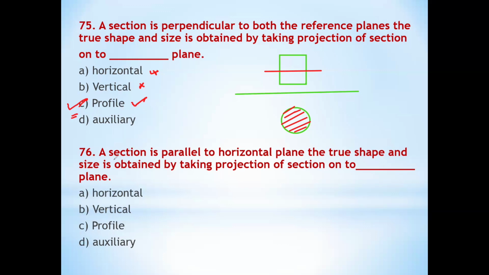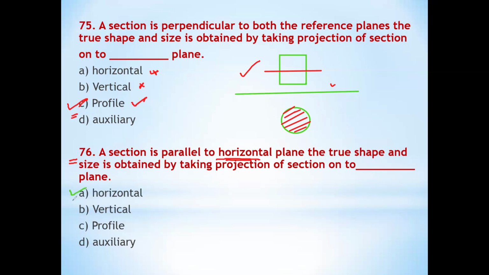We'll read once again: the section plane is parallel to the horizontal plane. Let's see the section, the sketch we drew previously, this question only. The section plane is parallel to the horizontal plane, so the true shape and size must be obtained on the horizontal plane.